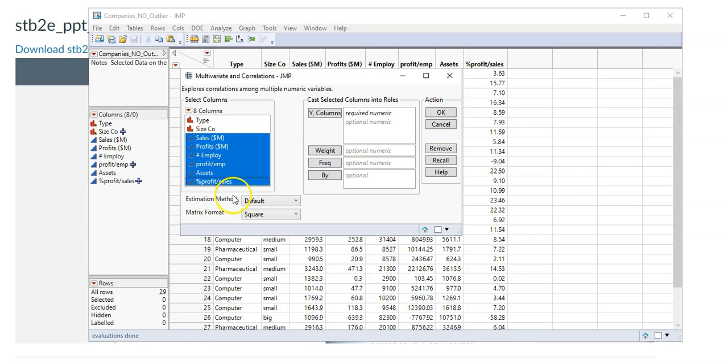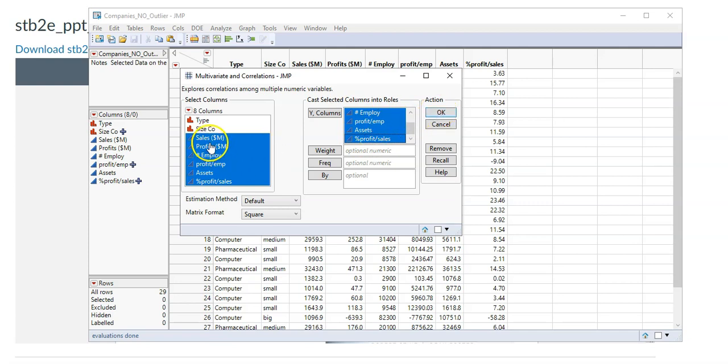What we are about to create is called a scatterplot matrix. We're going to see all the relations, two by two, of these variables in a matrix of scatterplots.